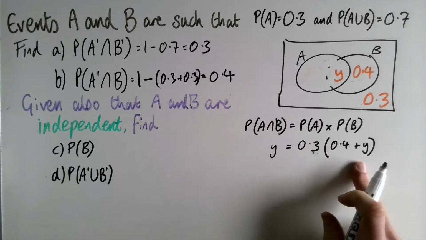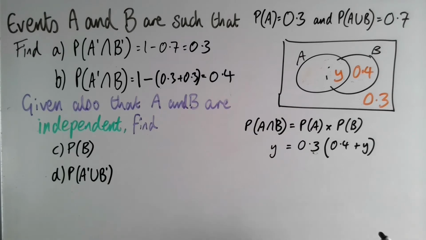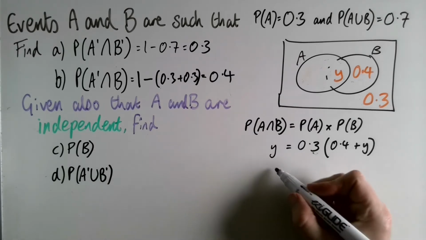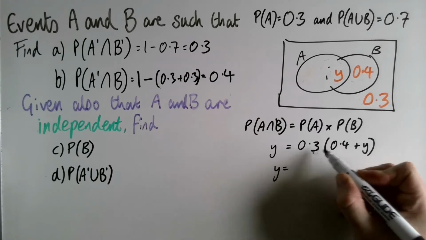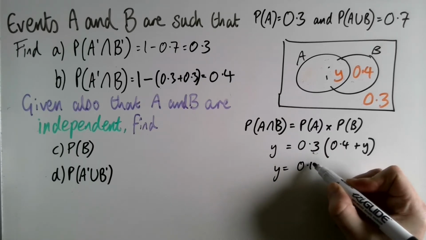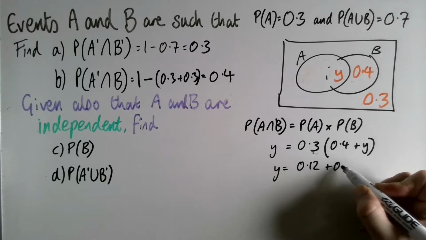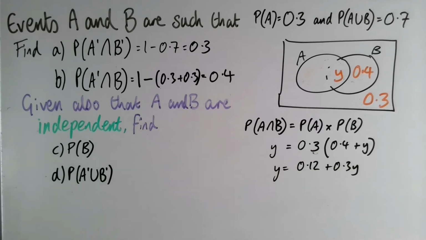Now we've only got one unknown in this equation, so you can just pause the video and have a go at solving this. So y is going to be 0.3 times 0.4 is 0.12 plus 0.3y.